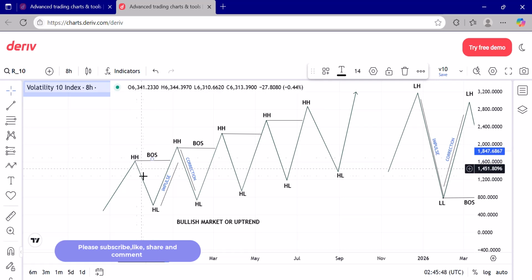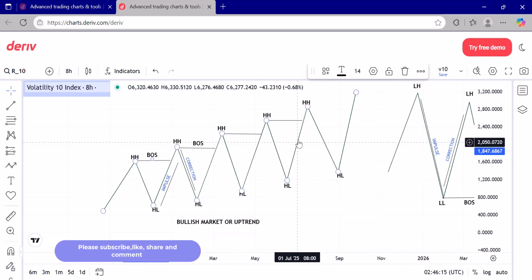So this was a higher high, higher low. For us to have another high, there was a break of structure. So this is our new high. We'll go down, higher low. To have another higher high, there is a break of structure to the upside. The market retraces again, and there's a higher low.